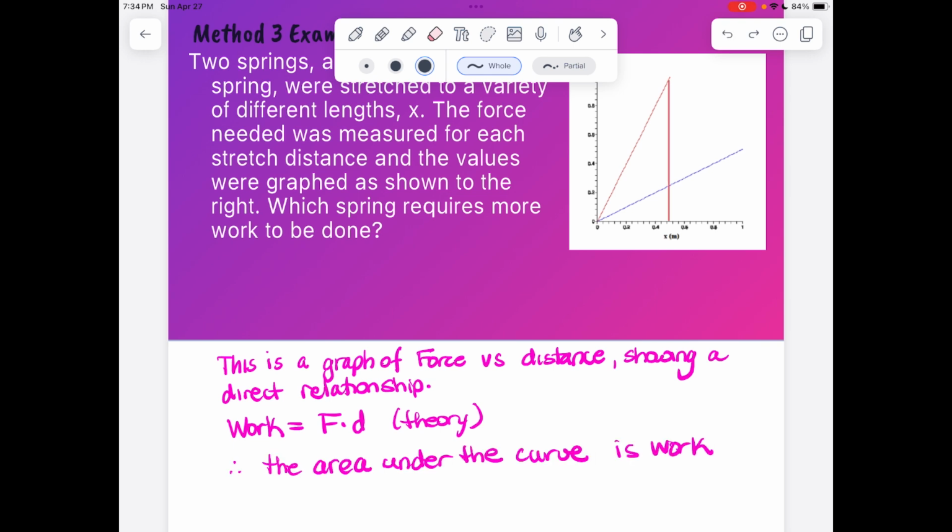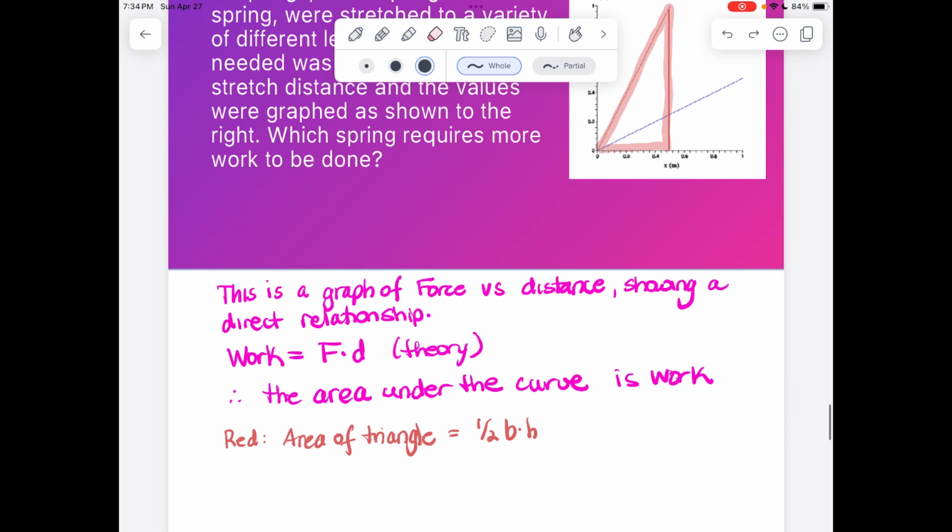How do I know that? Because if you look here, right, this triangle, the equation for a triangle is 1/2 base times height. And if I put in the variables where the height is the force and the base is distance, or x, well, then I've got 1/2 of the force, that's the average force, and then I've got distance.